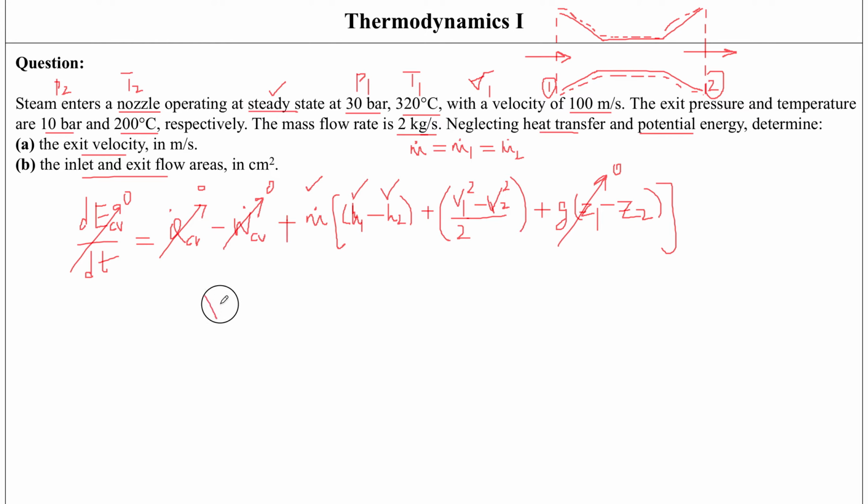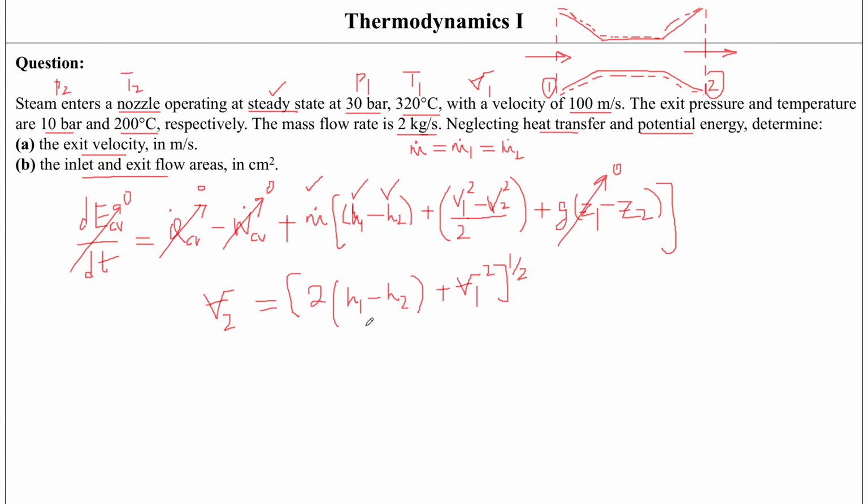V2, if you simplify this, is equal to the square root of 2 into H1 minus H2, plus V1 squared.